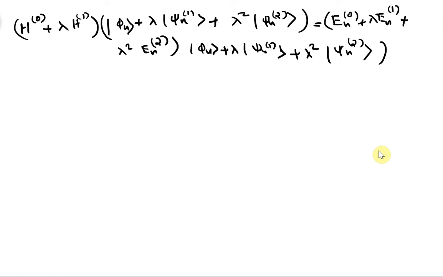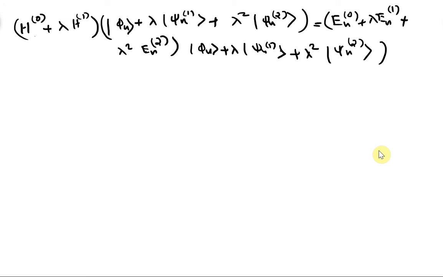So what are all the possible powers of lambda that can come here? We will go up to lambda square. The first possibility is the term which is not involving any lambda, that is h naught into phi n. Does any other term here involve that kind of a term? No. In the LHS we only have one term, h naught and phi n.